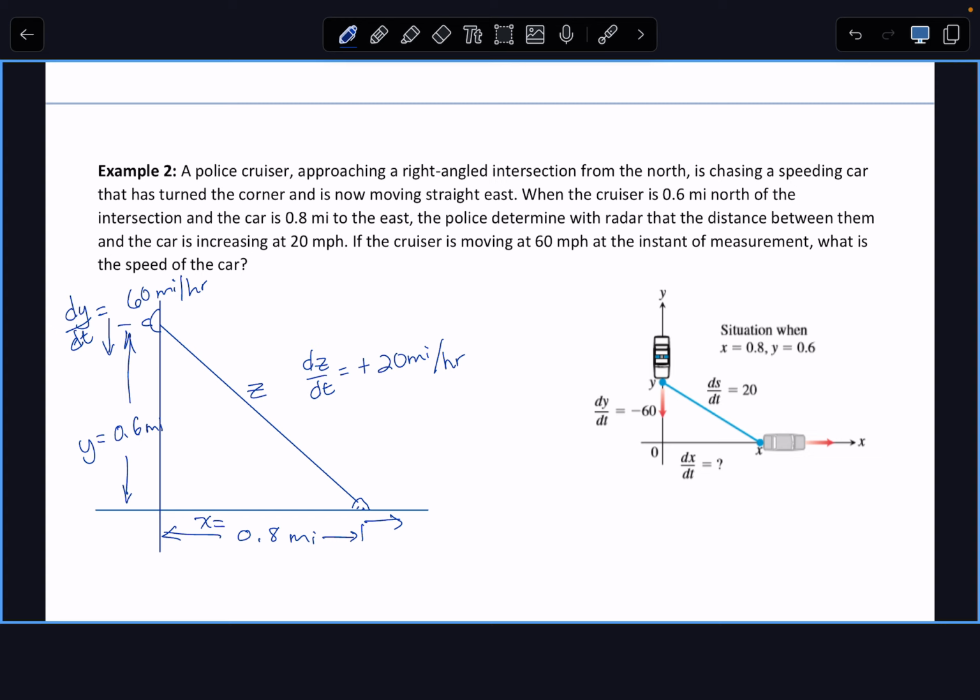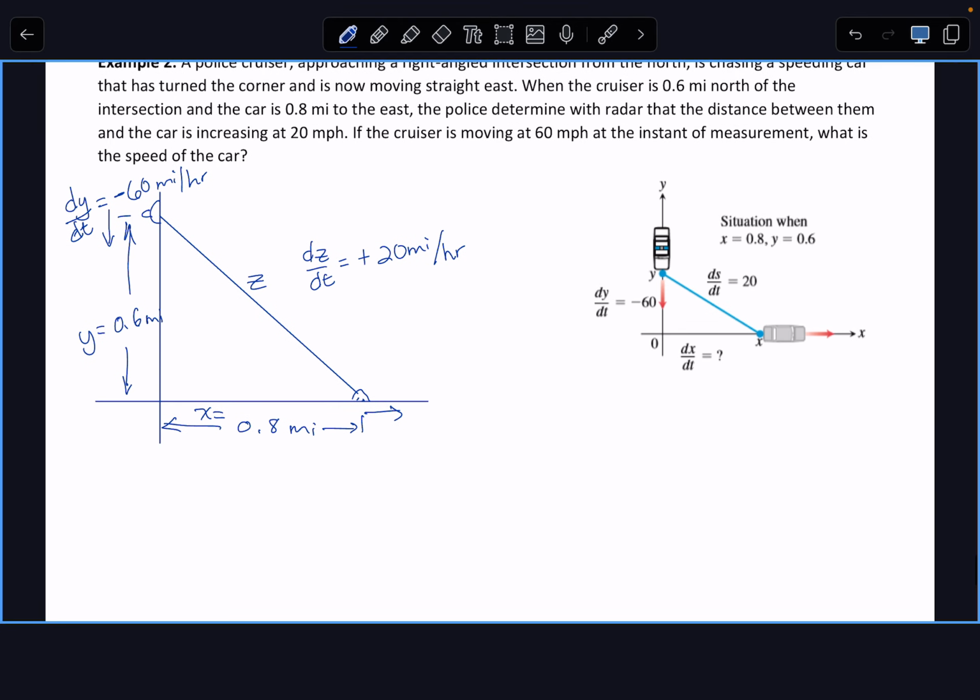He's getting closer at a negative 60 miles per hour. So that's going to pull in our negative because it's decreasing. That distance there is decreasing, all right? So if you have a ladder sliding down a wall, you're going to see that rate for the height of the wall and how fast it's changing is going to be negative also. It's a very similar problem.